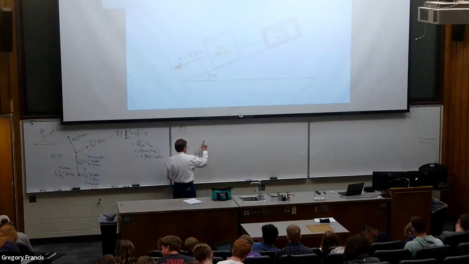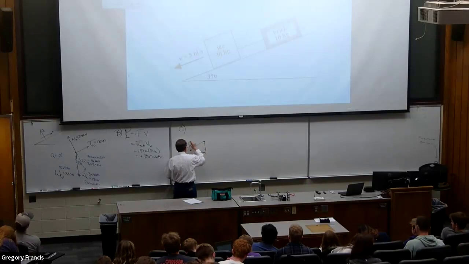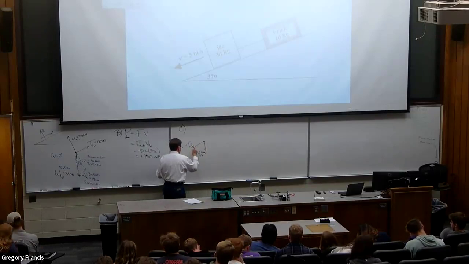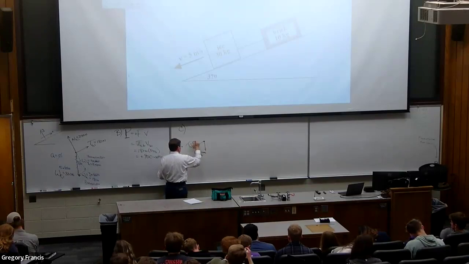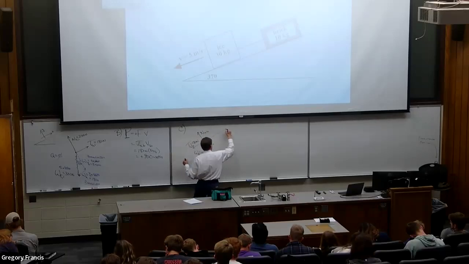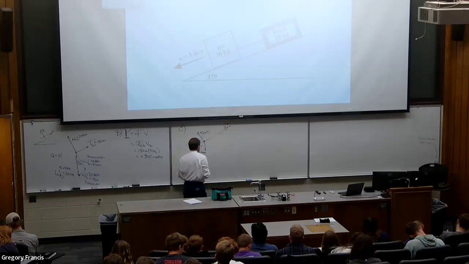And then I've got this tension force by the string on the brick. That's the other end of this string. So that's going to be 180 newtons. And then I've got a normal force by the ramp on the brick.